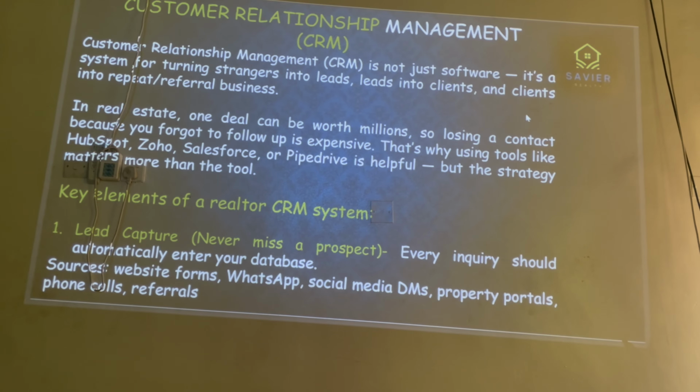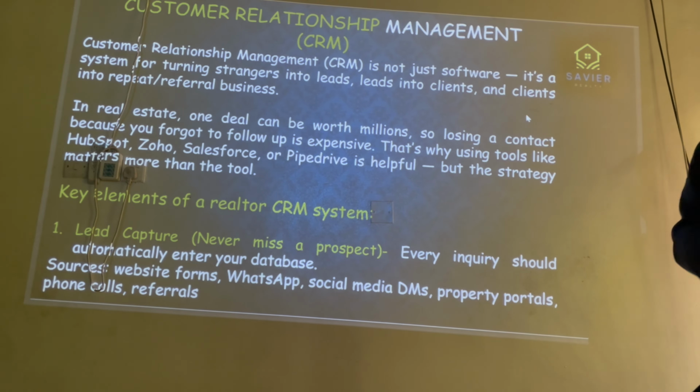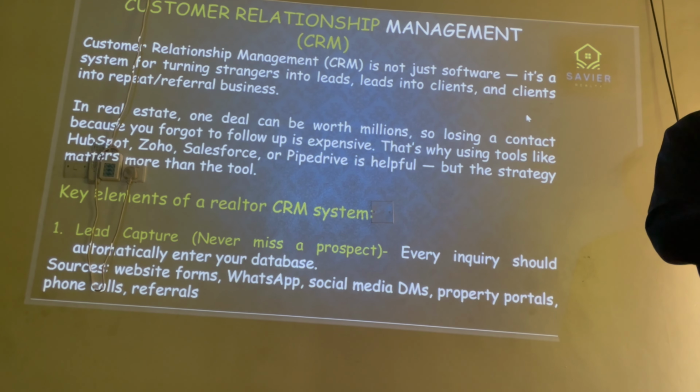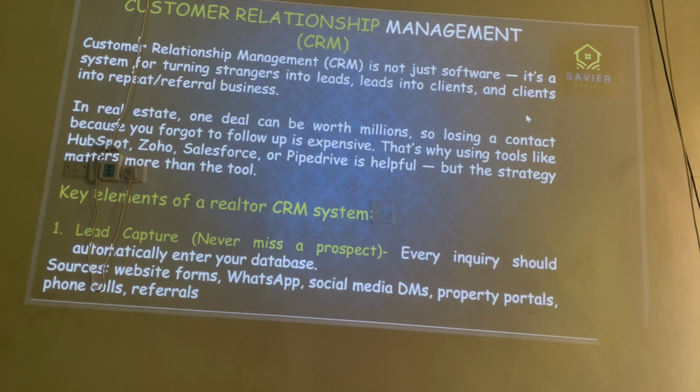Number one is lead capture. Never miss a prospect. Every inquiry should automatically enter your database. Once someone asks you, someone messages you or anything, that person must automatically enter your database. What are the sources?